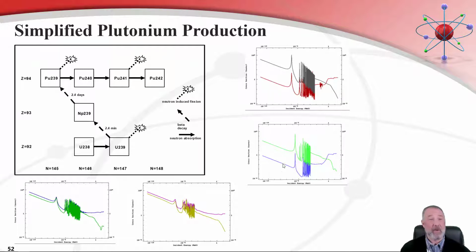And it's the same for both isotopes. Now, when we get over here towards the higher energies, about 1 to 2.5 MeV, we see that the probability of capture goes way down, while we see a pretty large increase in the probability of fission.